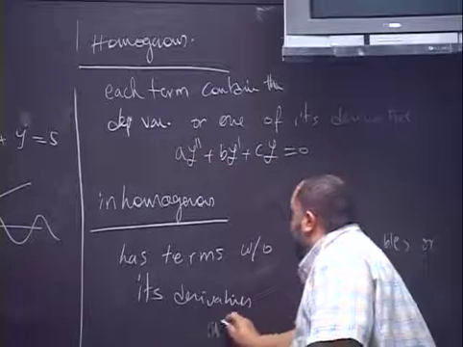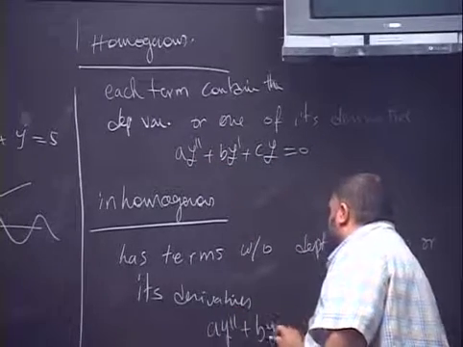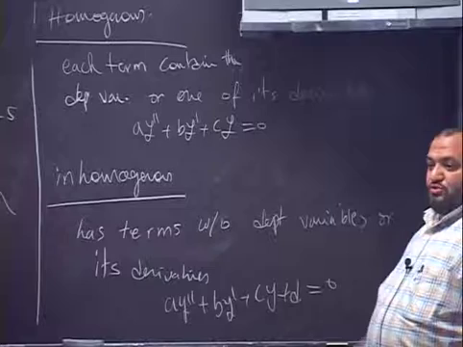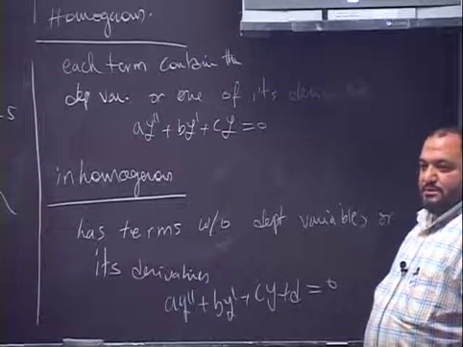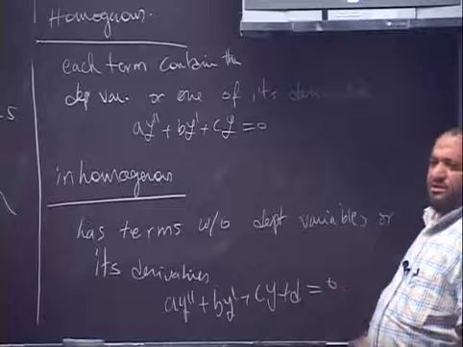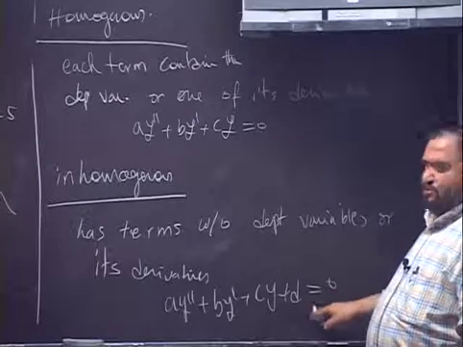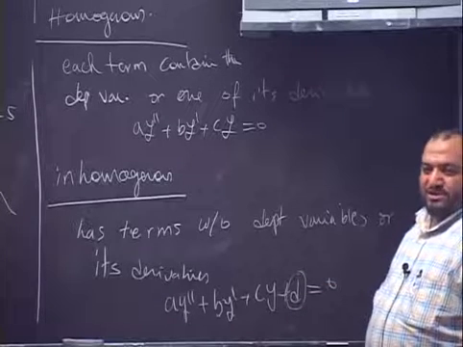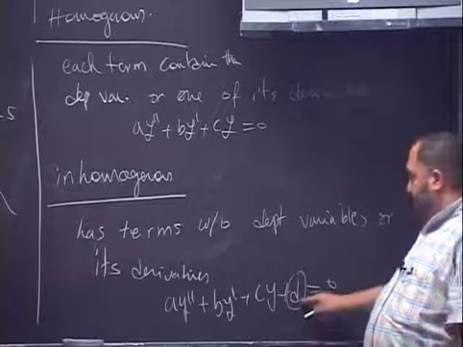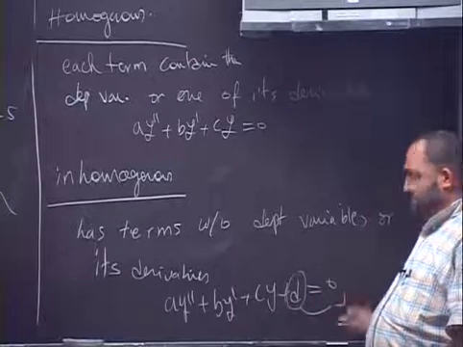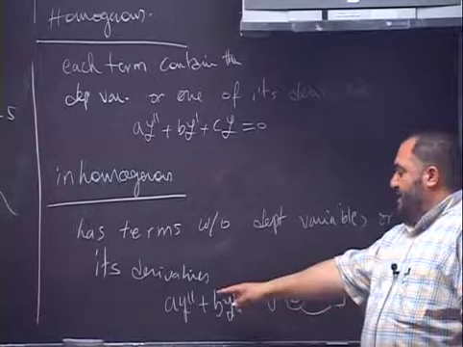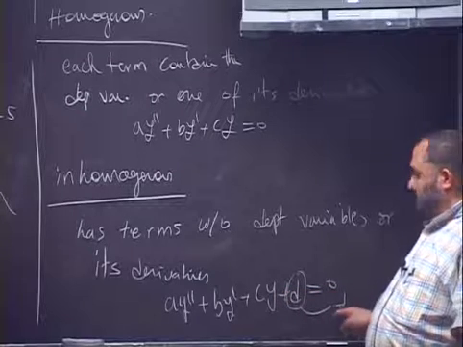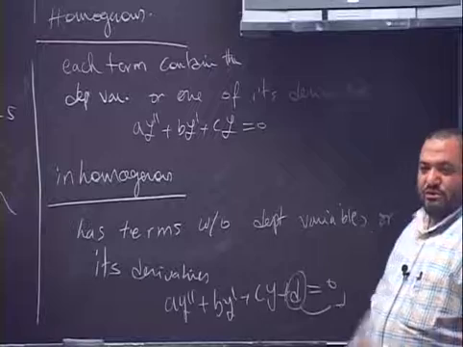Exactly the same, ay double prime plus by prime plus cy plus d equal to 0. So is this homogeneous or inhomogeneous? Somebody will say, oh, this is homogeneous, it's equal to 0. I say, wait, this is inhomogeneous because I have a term here that does not have y or y prime or y double prime or y triple prime. So I can bring this term here as negative what? Negative d. So a y double prime plus b y prime plus cy equal to negative d. So it's no longer homogeneous as you think.